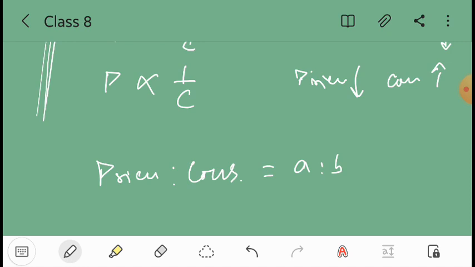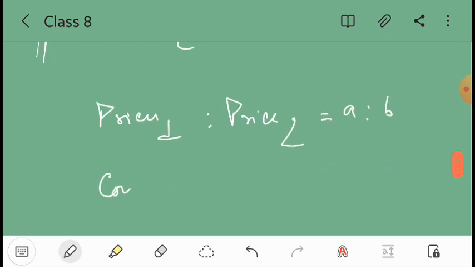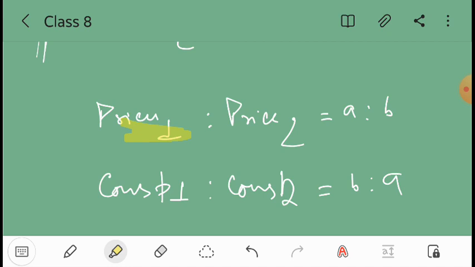Sorry, I wrote something wrong here. That is, if price 1 is to price 2 equals A is to B, then consumption 1 is to consumption 2 equals B is to A. We can write like this, where this one denotes the previous, that is initial, and this one denotes the final, right?